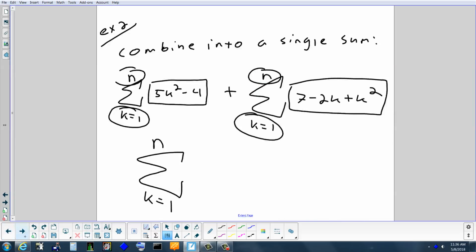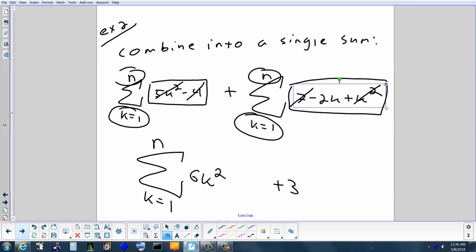So now we just combine like terms. 5k squared plus 1k squared is how much? 6k squared. So we took care of that and that. I have a minus 4 and a positive 7. 3. It's a plus 3, put that at the end.